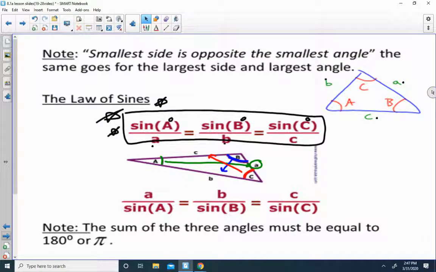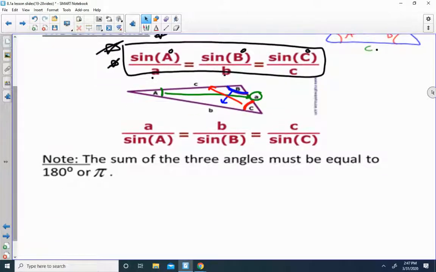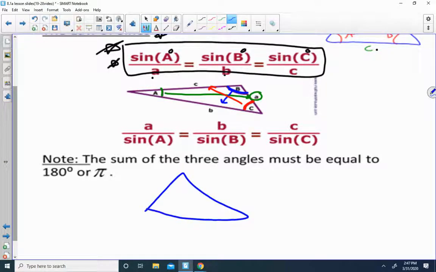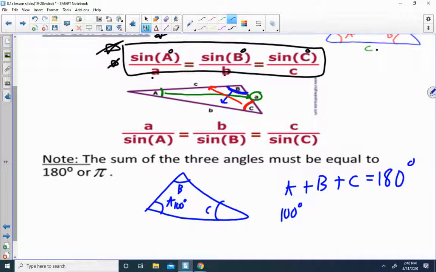And one more thing that we need to talk about before we talk about some examples that you probably remember from geometry. For any angle you have, if you were to add all the angles together, they should always add to 180. So like if I gave you that angle A was 100 degrees, and that angle B was, say, 30, then you could easily use this fact to find out what angle C is.